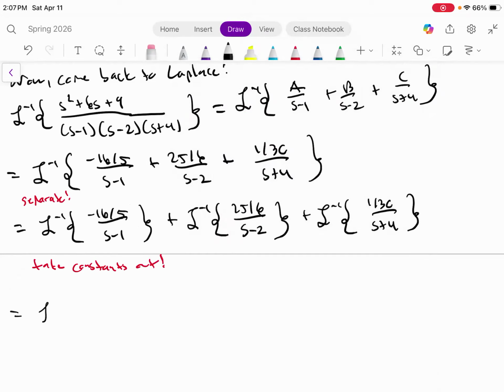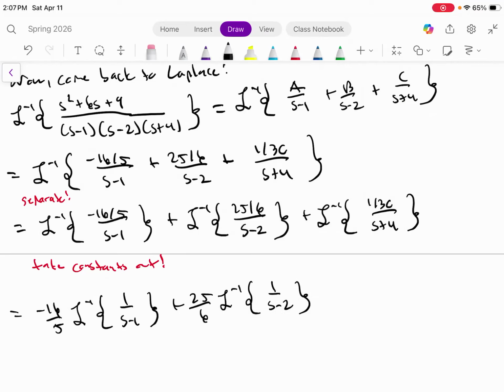What I'm left with is negative 16 over 5 times the inverse Laplace of 1 over s minus 1, plus 25 over 6 times the inverse Laplace of 1 over s minus 2, plus 1 over 30 times the inverse Laplace of 1 over s plus 4.